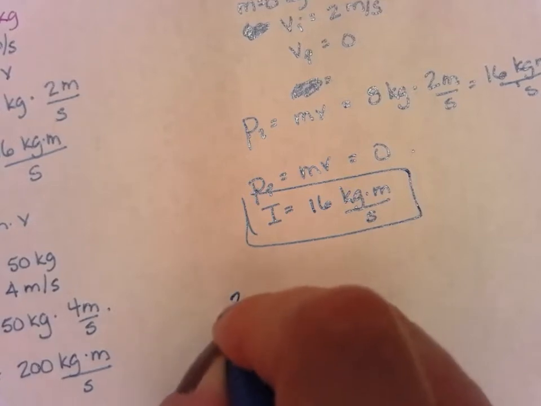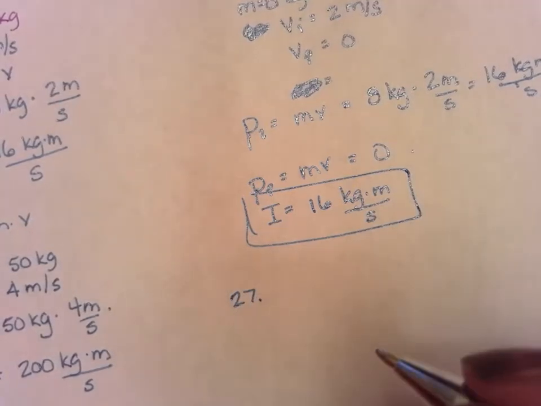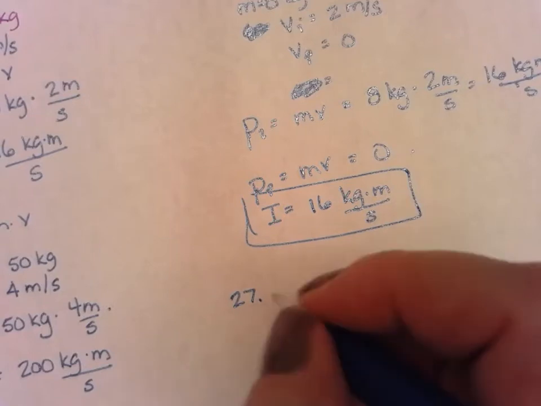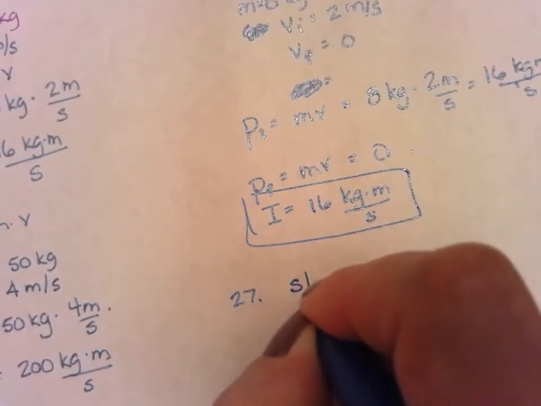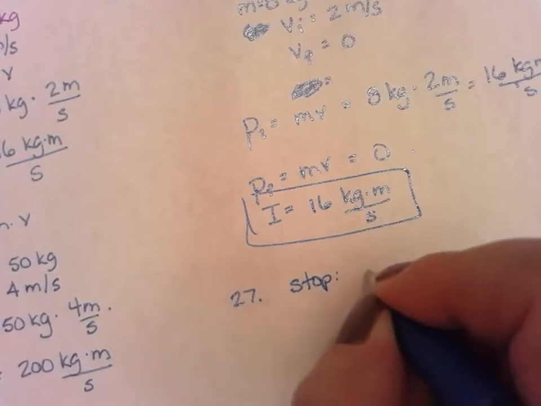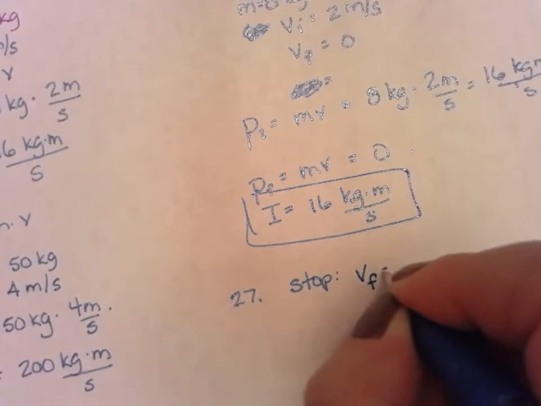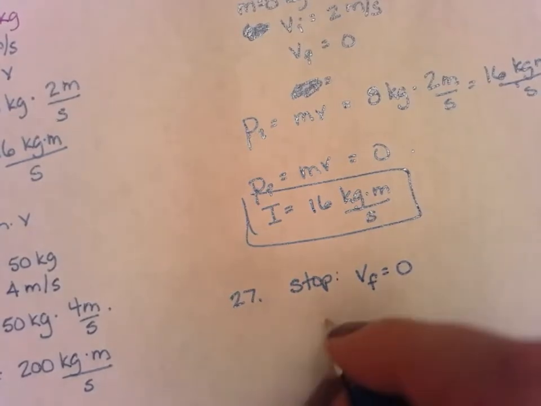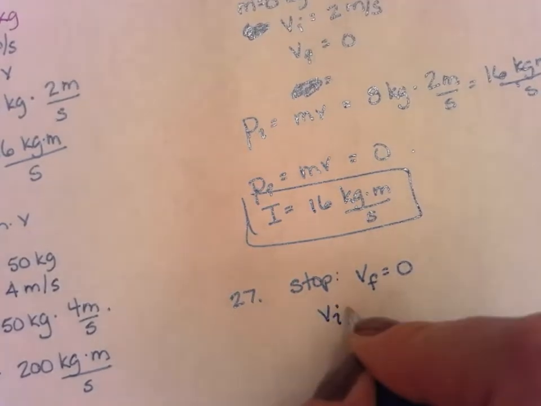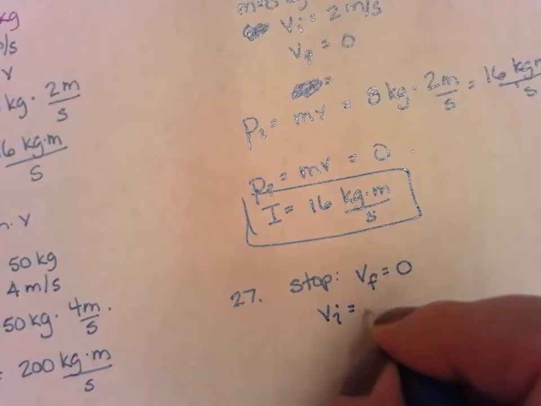And 27. When I say it's stopped, that means that the final velocity is equal to 0. My initial velocity, it tells me, is 4 meters per second.